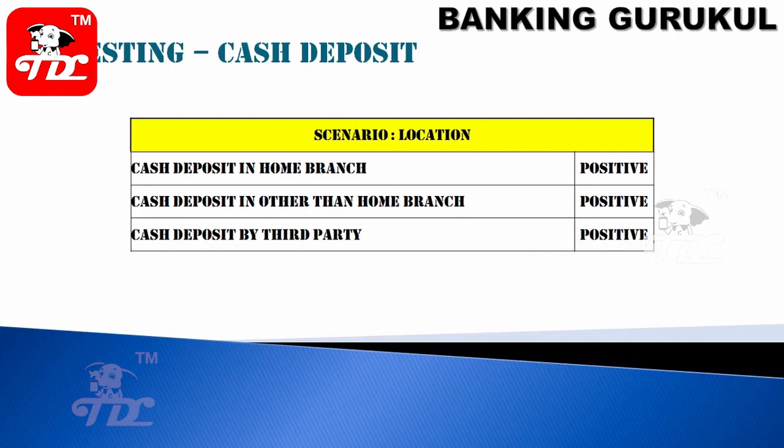To cover this scenario, we have to do a cash deposit in the home branch, a cash deposit in a branch other than the home branch, and a cash deposit by a third party, because some charges are also applicable when a third party deposits into your customer account. Channel: you can do a cash deposit in a branch, through an ATM, or through an agent. These scenarios you can also cover during cash deposit transaction testing.